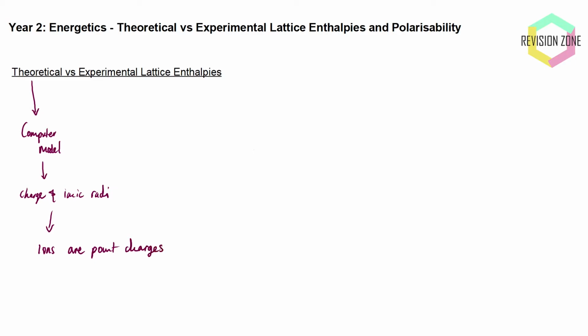So what I mean by that is I'll have 2 points. One's a positive, one's a negative. I can account for whether it's a multiple charge on each of these ions, and I also can account for the distance between these two ions. So essentially what a theoretical lattice enthalpy deduces is purely the electrostatic attraction between these two ions.